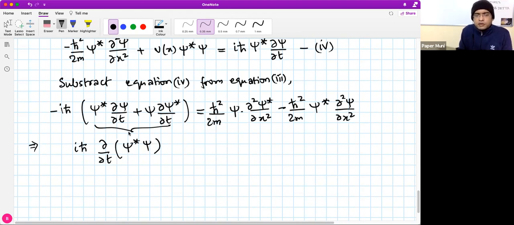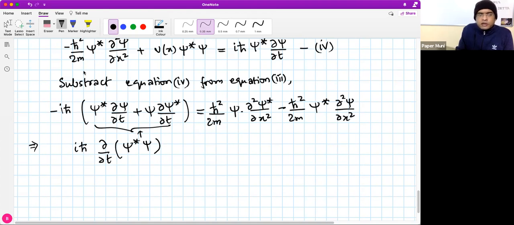We can club them together. This is just the product rule in reverse: if you take the derivative of u and v, you get u dv by dx plus v du by dx. We are just using it in reverse order. If you differentiate this, you get this.